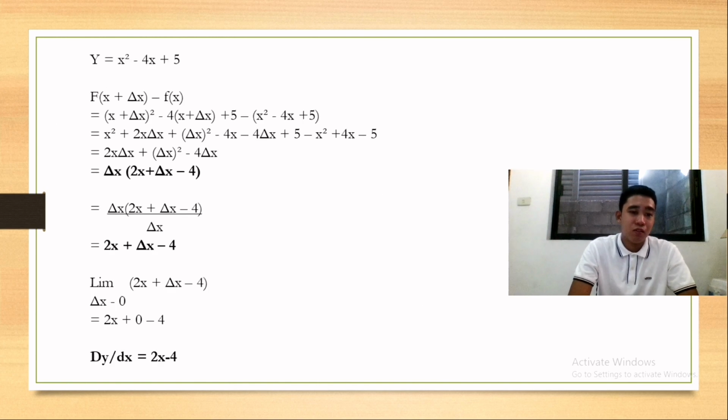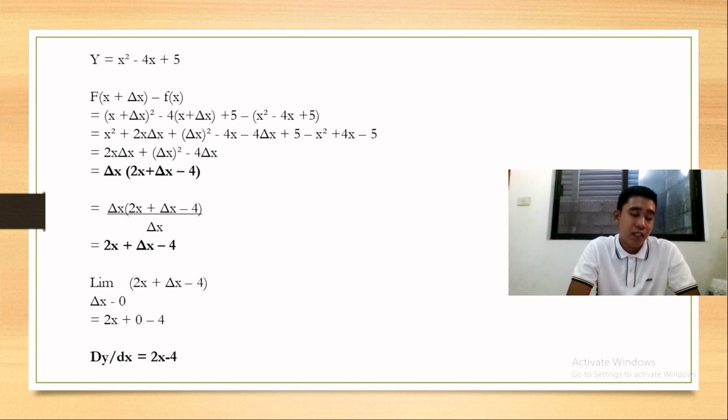Example number 3: y equals x squared minus 4x plus 5. Step 1: f of (x plus delta x) minus f of x. That is (x plus delta x) squared minus 4(x plus delta x) plus 5 minus (x squared minus 4x plus 5), which equals x squared plus 2x delta x plus delta x squared minus 4x minus 4 delta x plus 5 minus x squared plus 4x minus 5, which equals 2x delta x plus delta x squared minus 4 delta x.